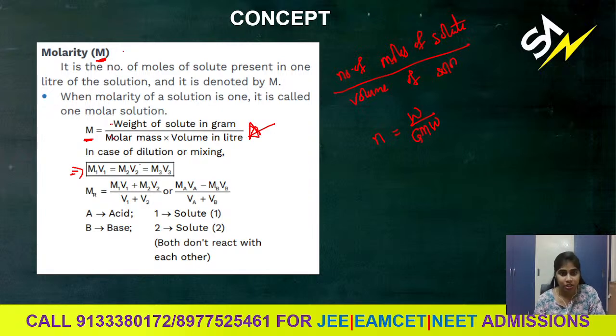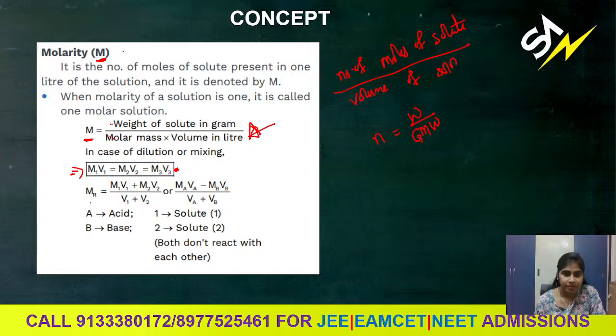And if a third solution is also mixed, it is M3 into V3, the molarity into volume of the third solution. In this way we can calculate the mixture or dilution of solutions.